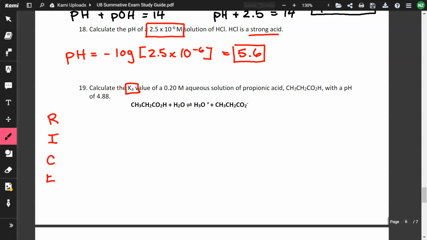So let's start by doing that. We're going to need all of the values here. So we've got CH3CH2CO2H, H2O.